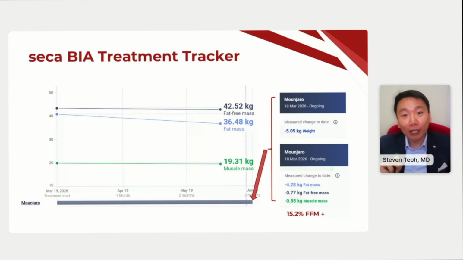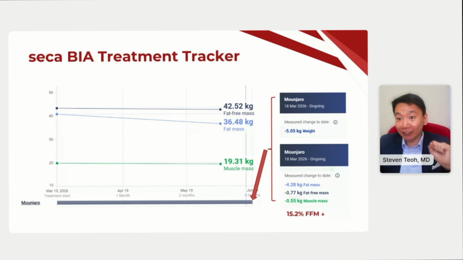Another function that we have in the machine is the treatment tracker. It plots the body composition chart over the y-axis, fat-free mass, fat mass, or even weight, against what treatment is being used during that specified period. For instance, this patient was started on tirzepatide over 2.5 months ago. I can see here that there is 5 kilograms of weight loss, and the fat-free mass loss is only up to 15%.